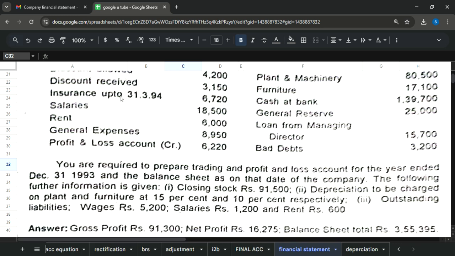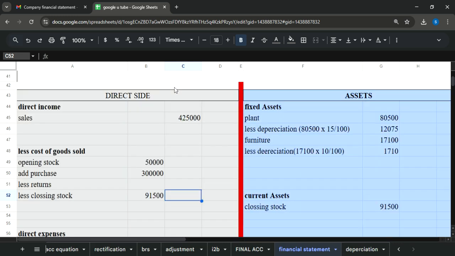Since we have paid insurance up to March, what we have concluded is that 3 months of next year are excessive payment or prepayment. It is also called prepaid, or unexpired, and you know it very well.